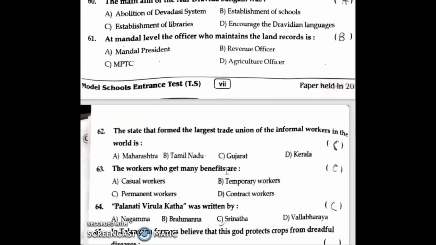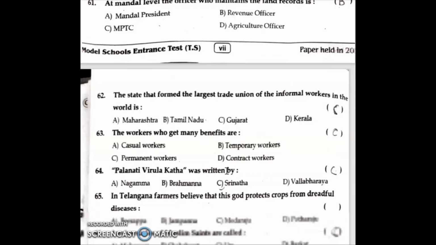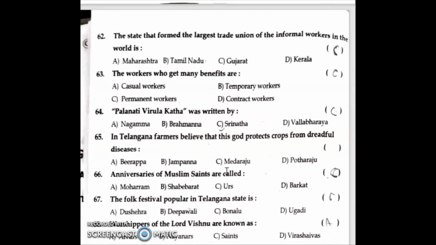The state that formed the largest trade union for informal workers in the world is C. Gujarat. The workers who get many benefits are C. Permanent workers. C is the correct answer here.